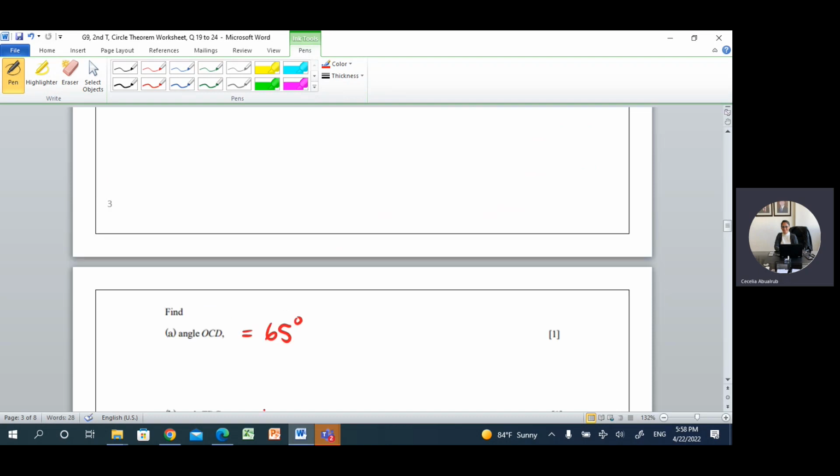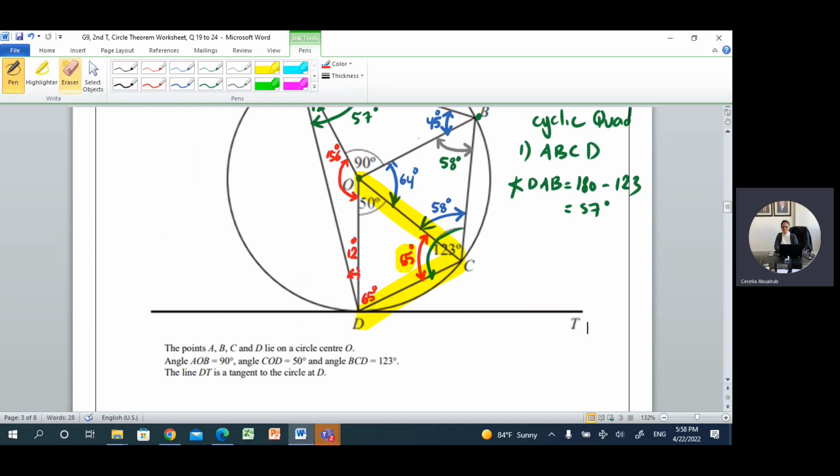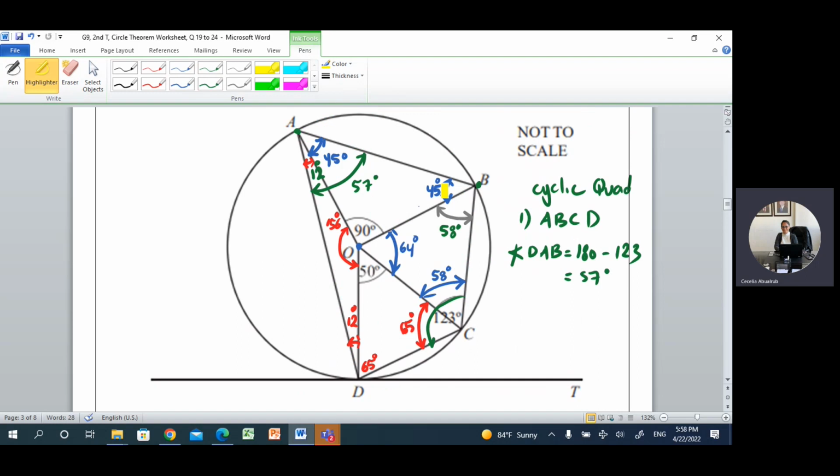And then angle TDC. So here we go. TDC. How can we find this angle?